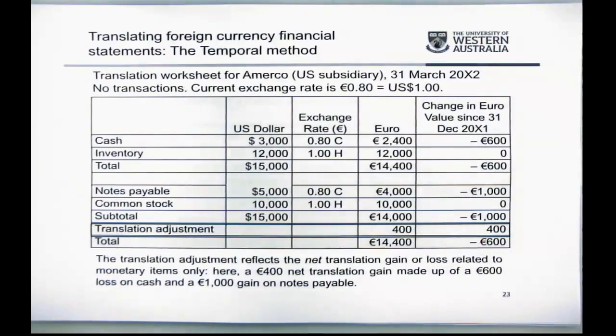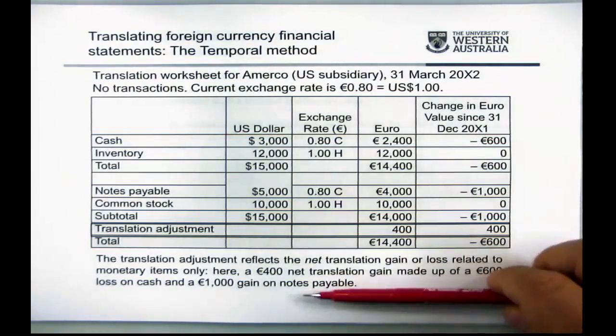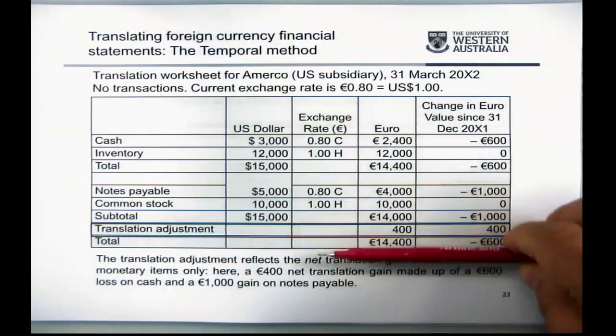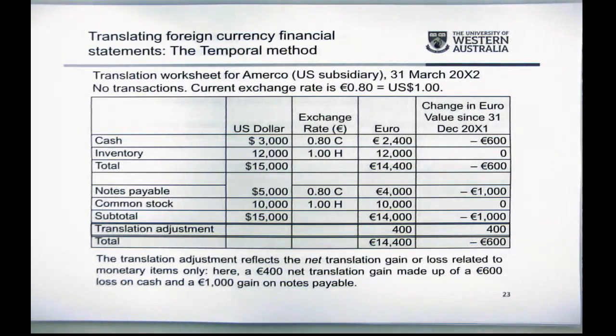And under the temporal method, again, we need to be careful. We need to do the adjustment again to the equity section, or the liabilities and equity side. But remember that under the temporal method, we need to make a clear distinction between monetary items and non-monetary items. Monetary items are to be translated at the current exchange rate prevailing on the balance sheet date, and non-monetary items are to be translated at the historical.